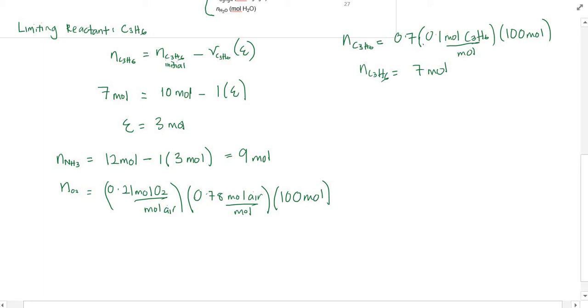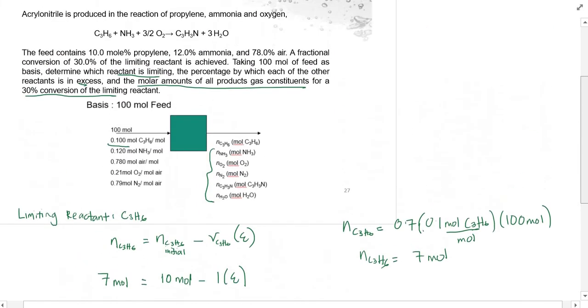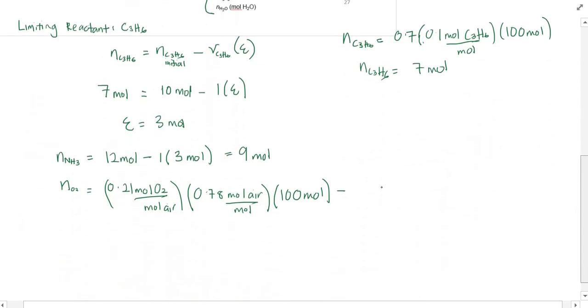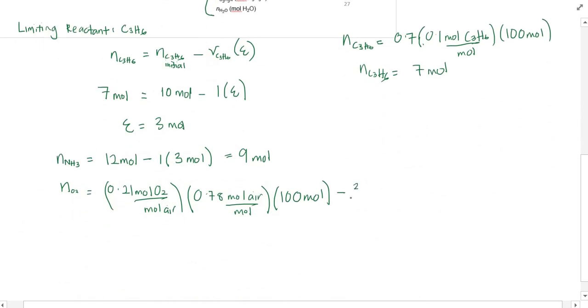Minus, take note, you have 3/2, and your E is 3 moles.